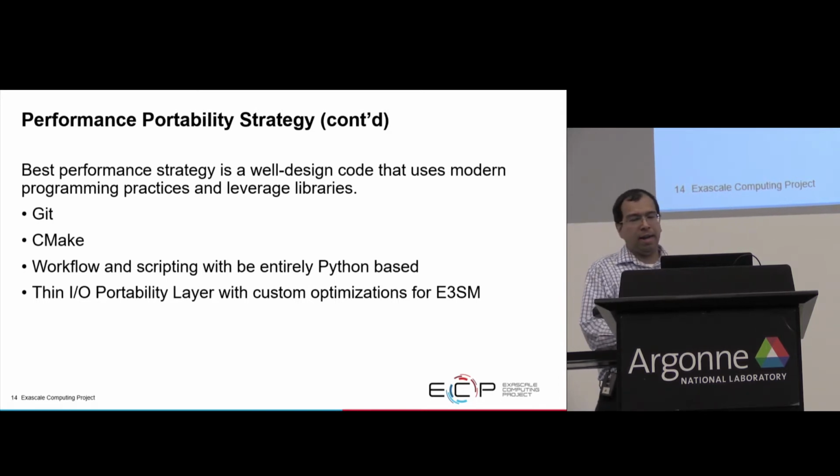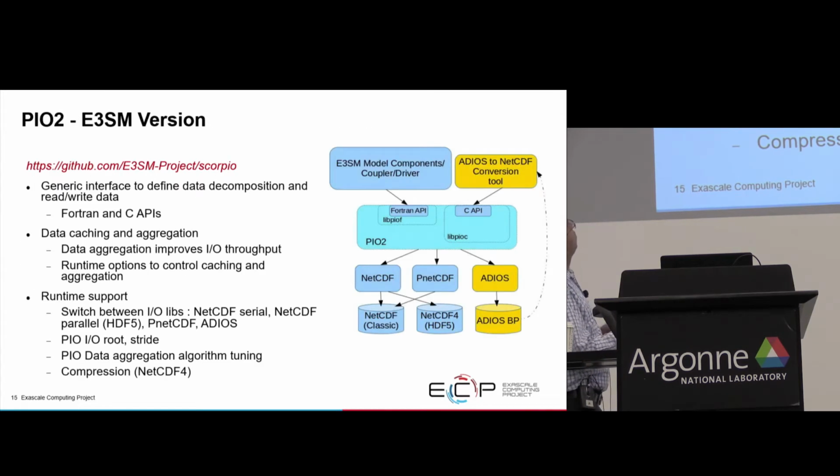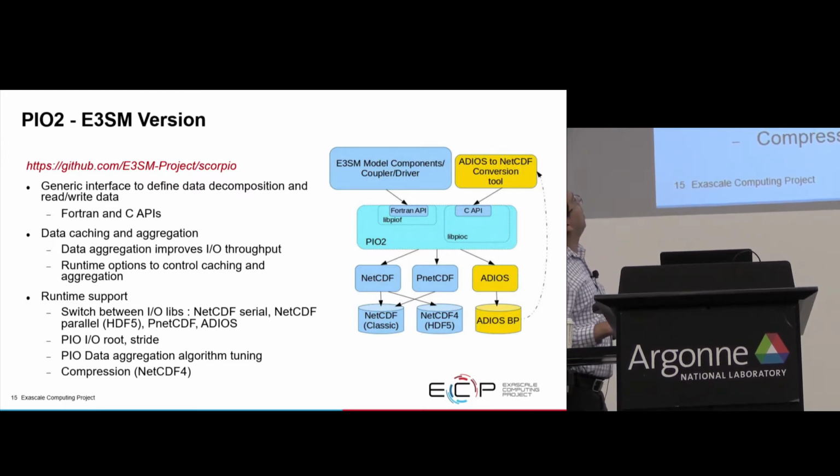We also created a thin I/O portability layer, which I'll talk about. This is the successor to PIO, the Parallel I/O library. This is the E3SM version. It got recently renamed Scorpio, again with the interesting acronyms that we use in this project. I think it stands for just Scalable PIO.